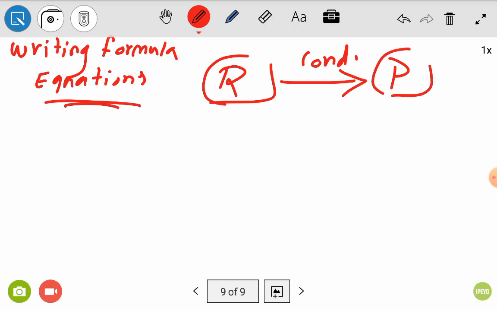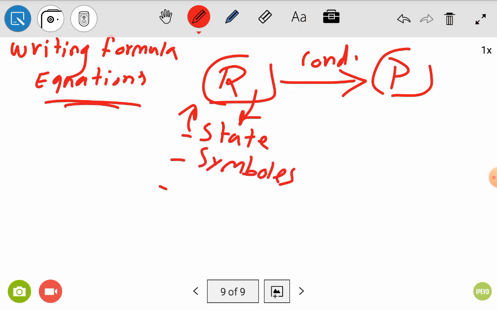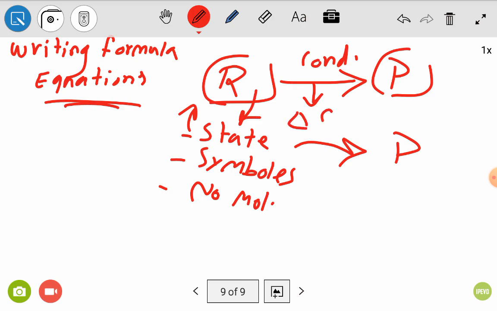Make sure that you are writing the state of the reactant, the symbols and the number of moles that indicates the type of the reactant in a specific chemical reaction, and this is also going to be applied with the product, but the chemical condition is supposed to be added: heat, catalyst, ionization, substitution reaction, whatever. So let's take an example.